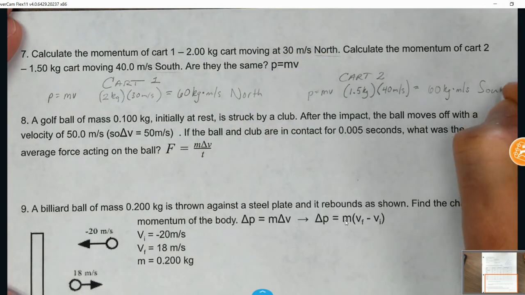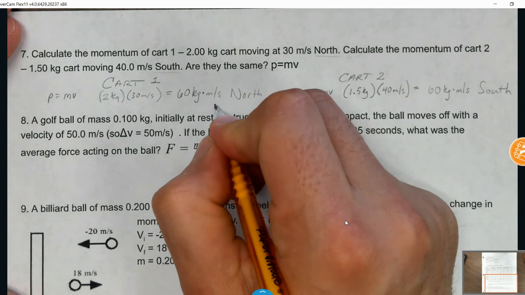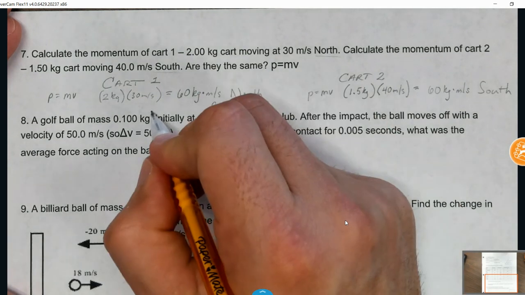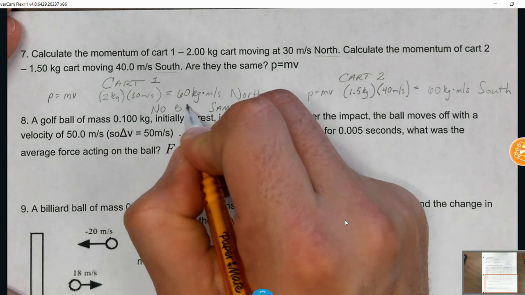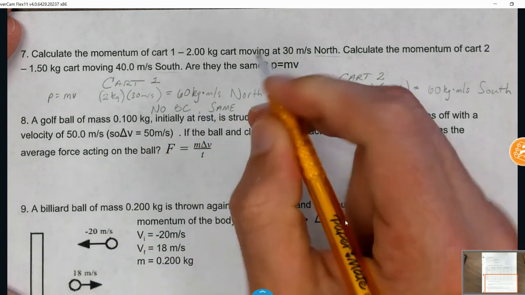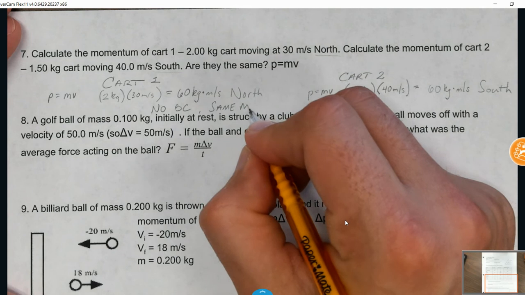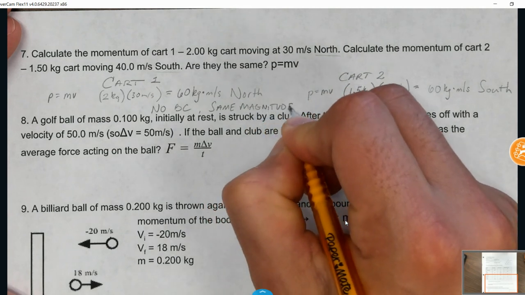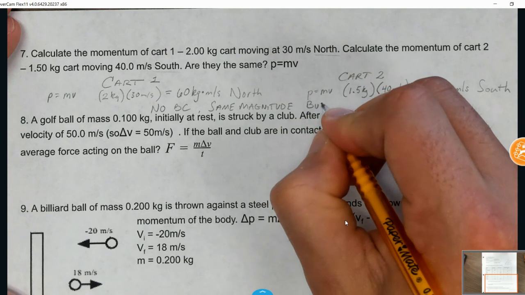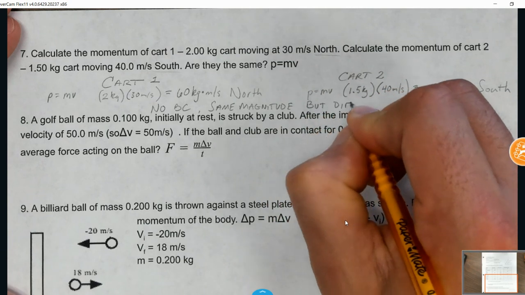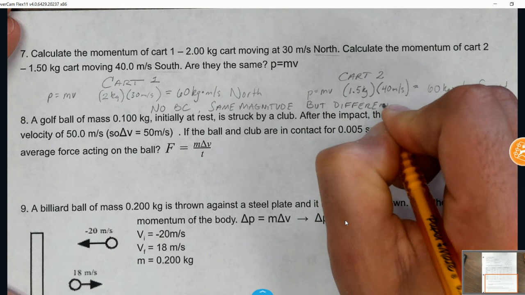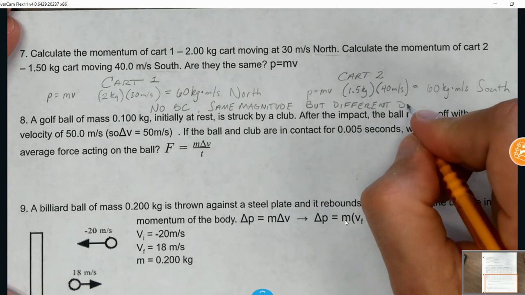Second one was south. So no, because same magnitude but different directions.